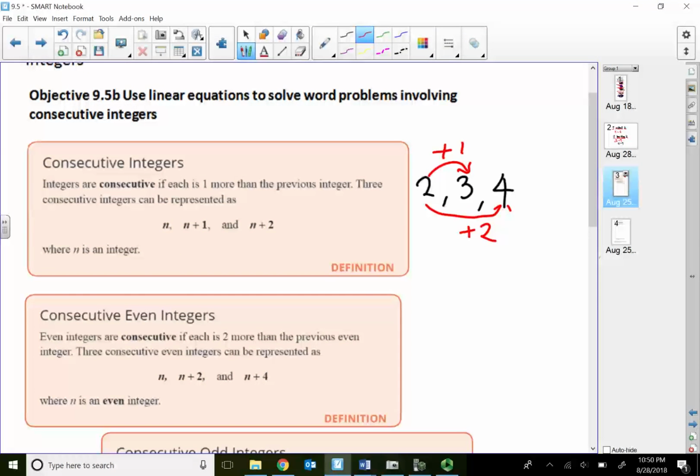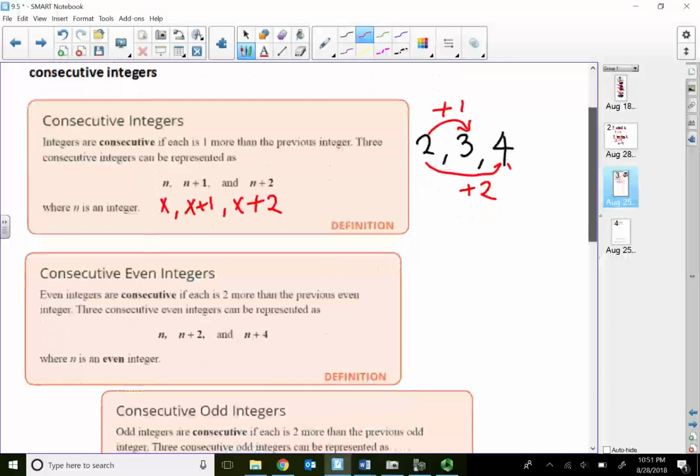So the way we're going to set this up is to always call the first integer n or x. The next integer will just be the first integer plus 1. Then the third integer has to be x plus 2, plus 2 to reach the third consecutive integer.